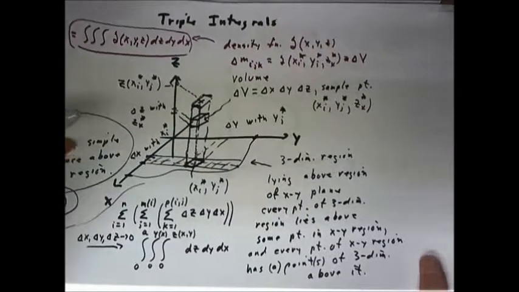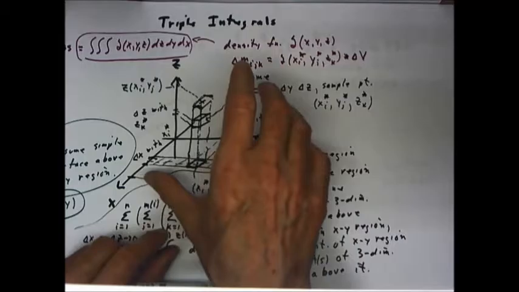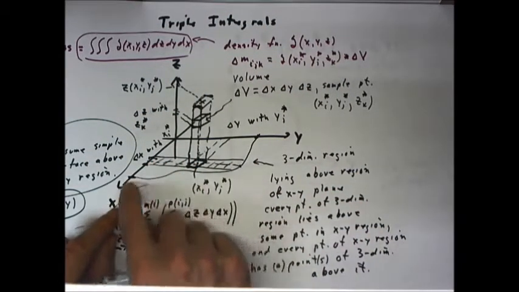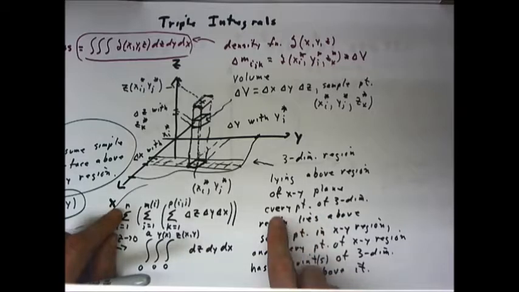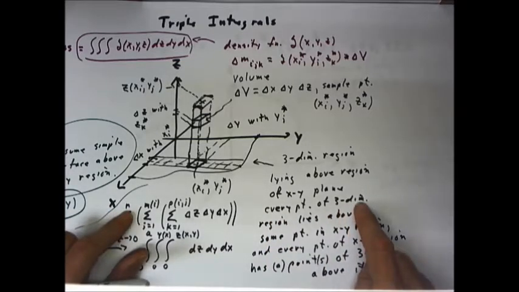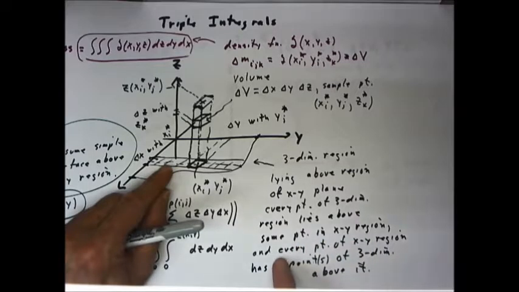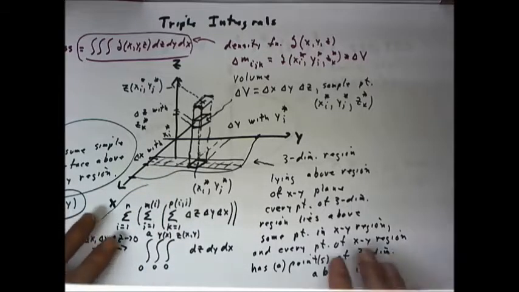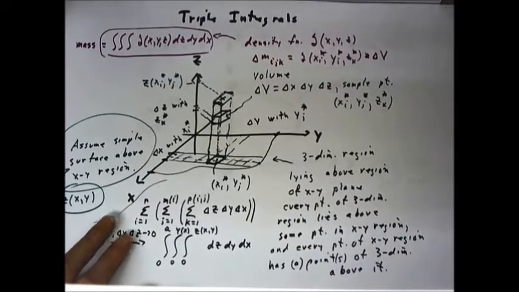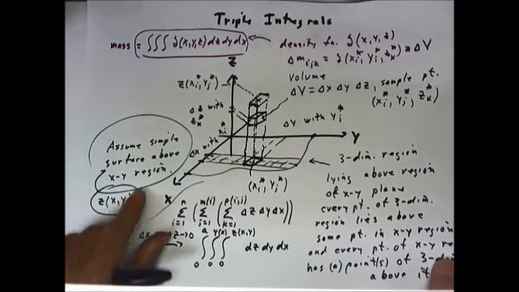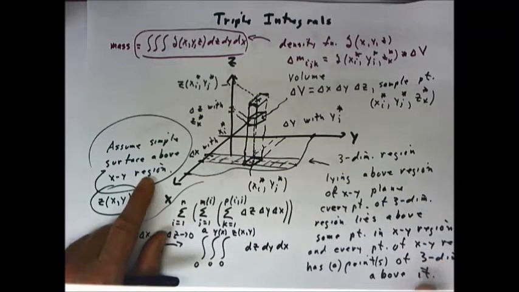Remember the statement we made originally. We have some three-dimensional region in general that lies above some region of the XY plane with the property that every point of the three-dimensional region lies above some point in the XY region, and every point of the XY region has a point or points of the three-dimensional region lying above it. Our first examples involved what we called a simple surface above the XY region.